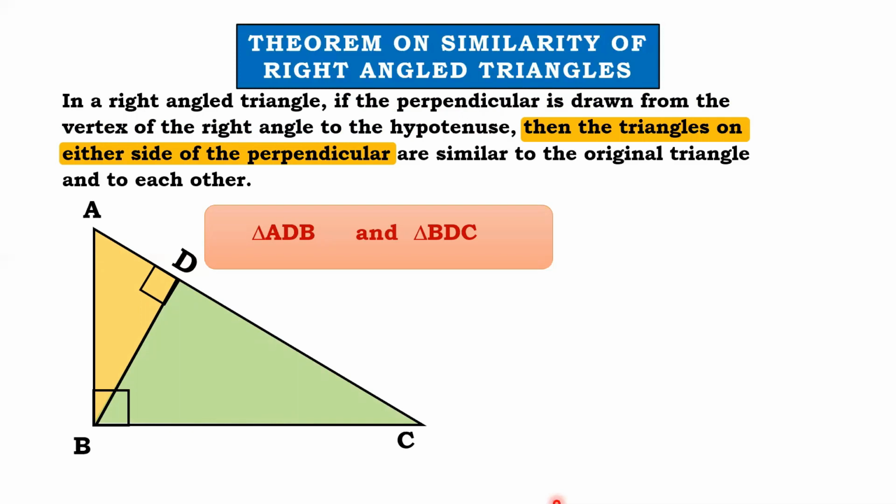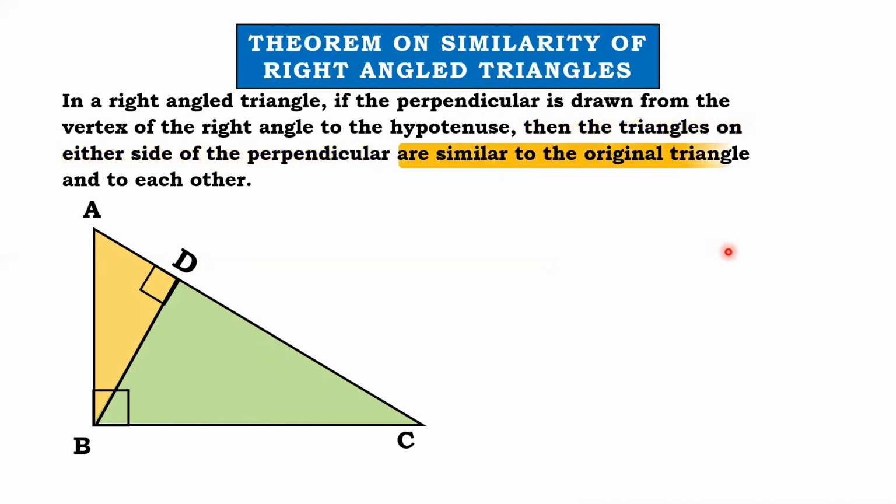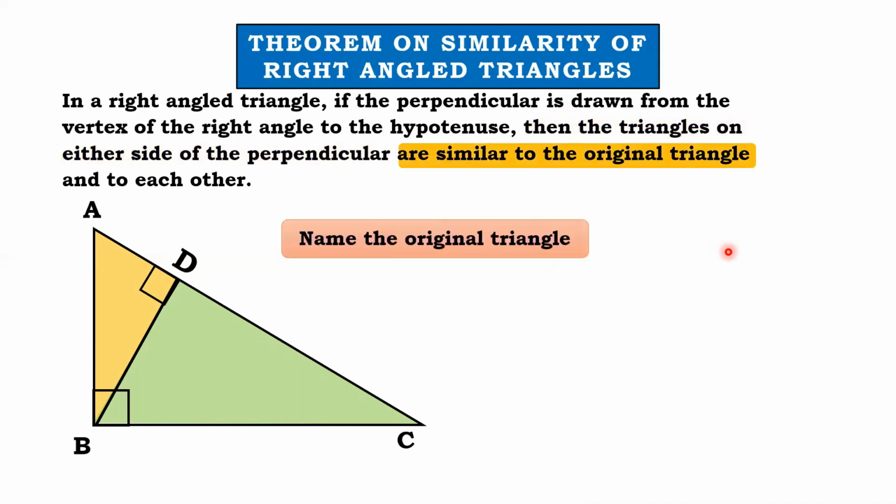So what do we know about them? Then the triangles on either side of the perpendicular are similar to the original triangle. Now which is the original triangle? Yes, the original triangle is triangle ABC. So this first triangle above BD and this second triangle below BD are similar to the original triangle ABC.